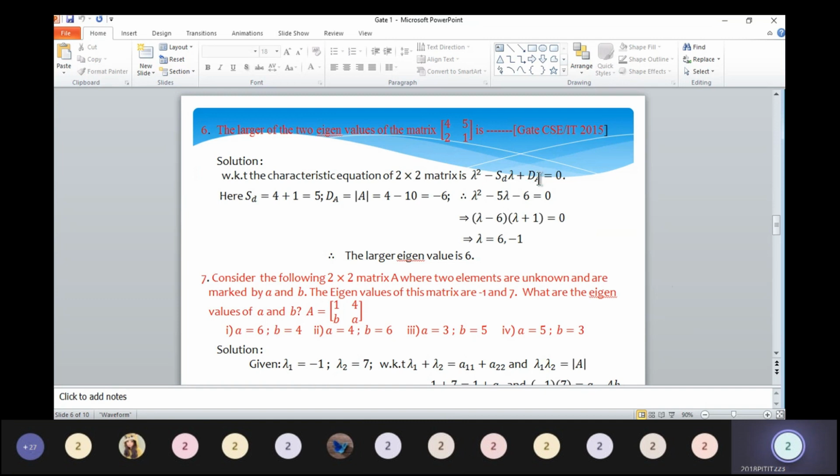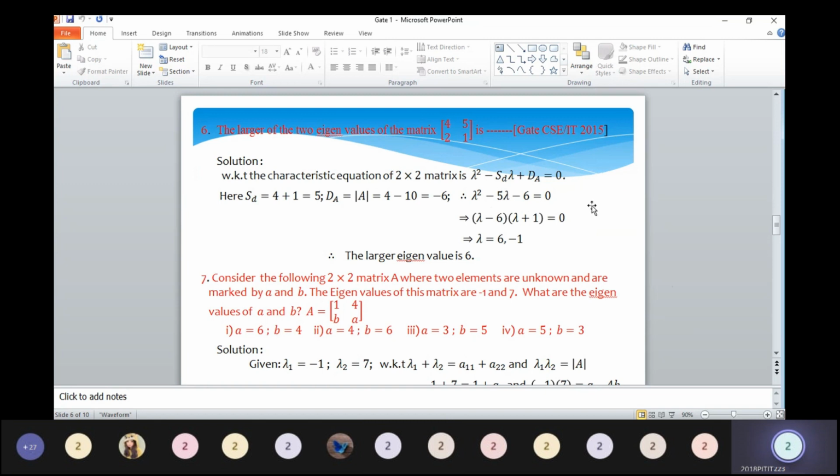So substituting the sum of the main elements and determinant of A.